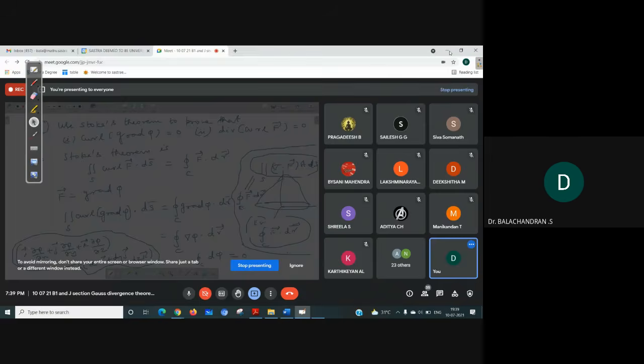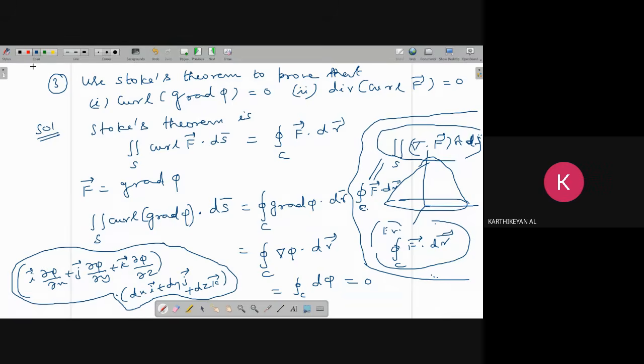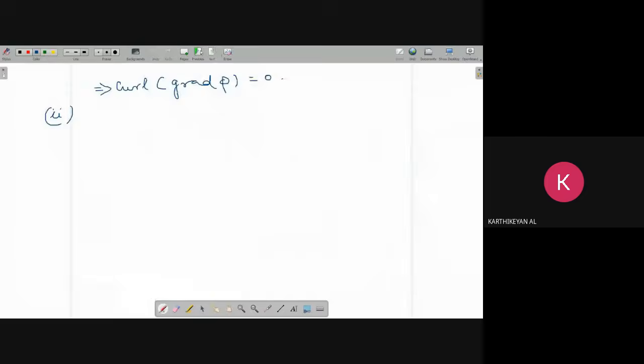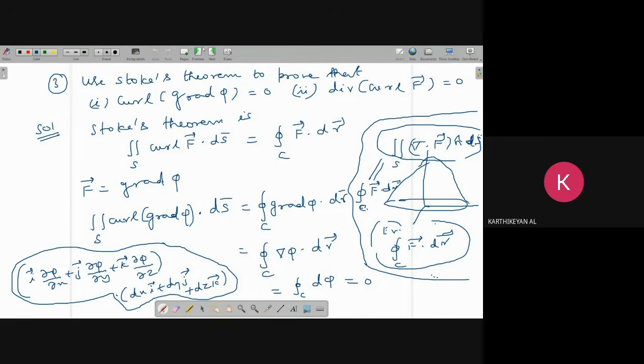Yes, sir, but I asked about the last step, after the integral of d phi equal to 0 that you wrote. How does it come? Actually, this is phi.